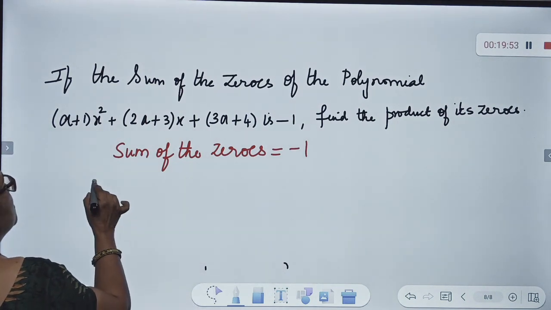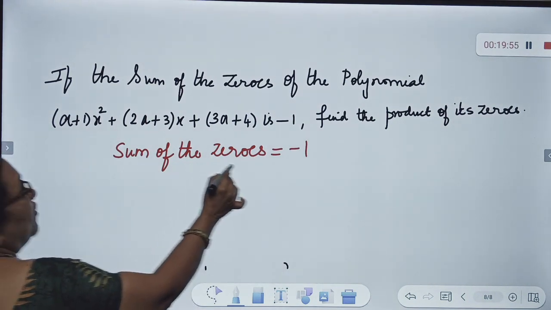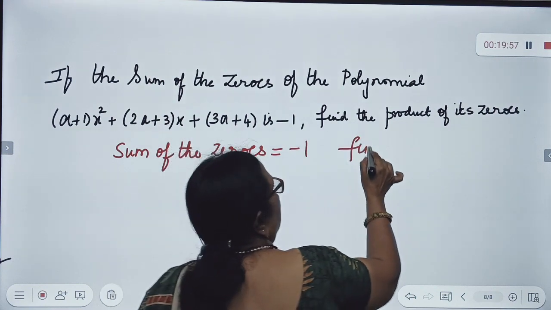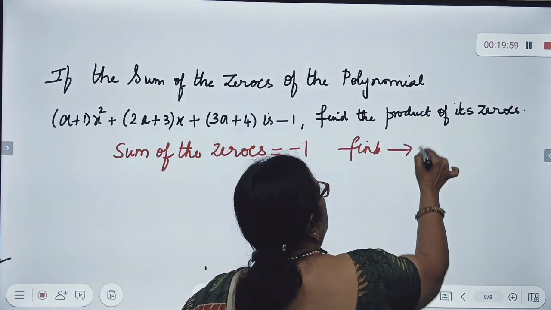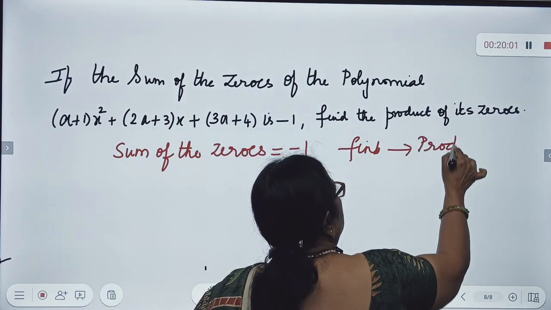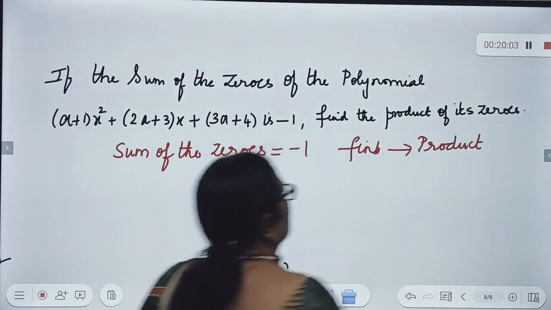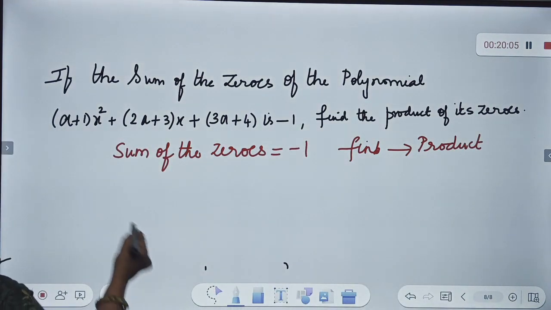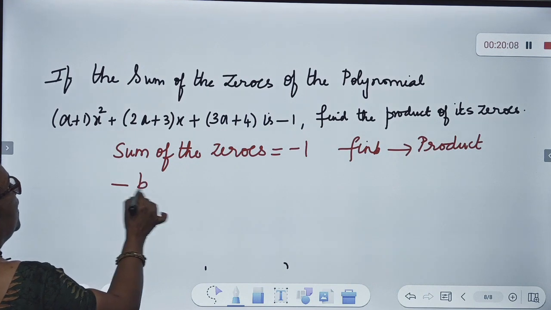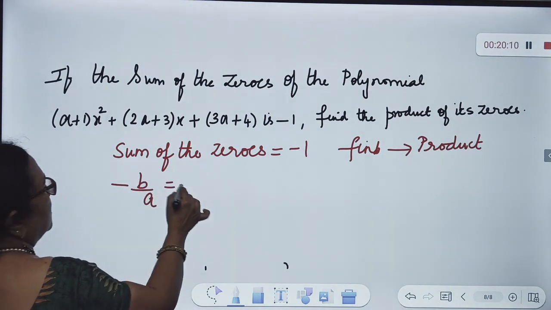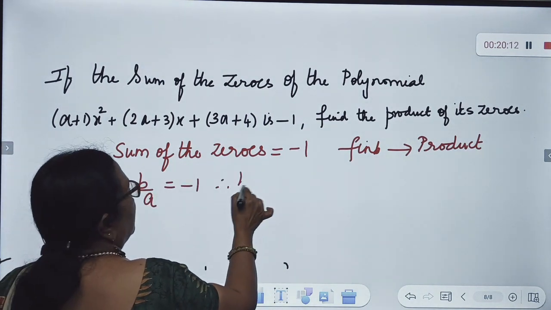You have to find what? The product. Okay, now what is the sum of the zeros? Minus b by a is minus 1. Therefore, b by a is 1.